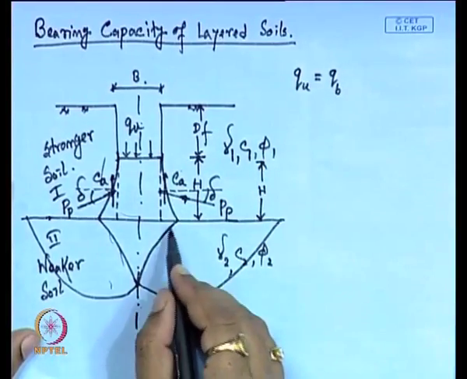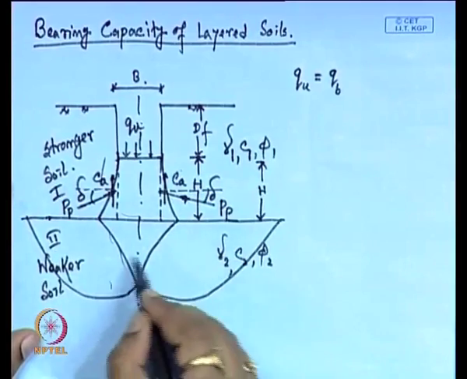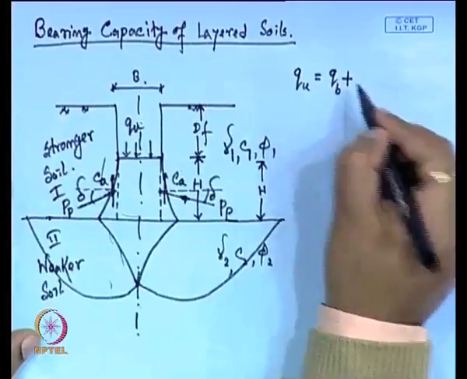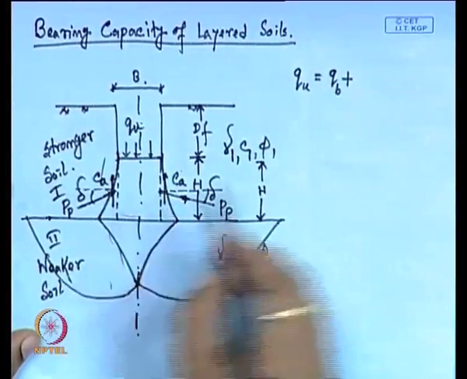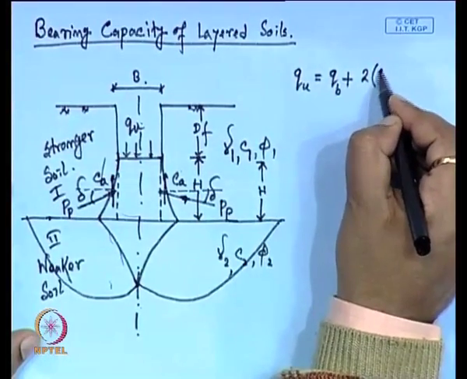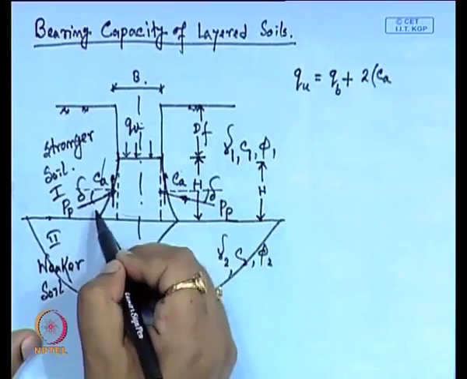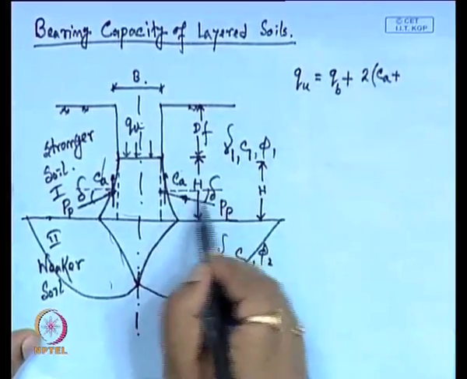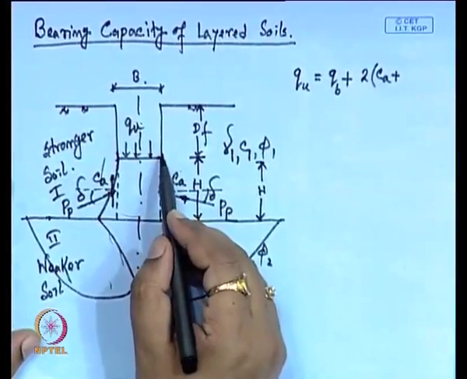So, Q bottom is the load carrying capacity of the bottom layer, or the resistance that is coming from the bottom layer, plus the resistance that is given by the top layer, that will be 2 into C A, that is the adhesion. 2 means one from this side, another from this side, plus, because here P P is acting at an angle delta, the sine component will act in the upward direction.